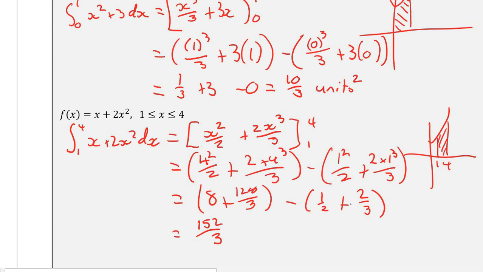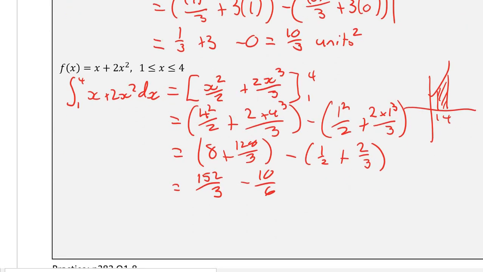No. 1/2 plus 2/3 would be 3/6 plus 4/6, which is 10/6. To simplify those ones, I get them both over 6, so that would become 304/6 minus 10/6 equals 294/6, which I think is an actual good number. 49.